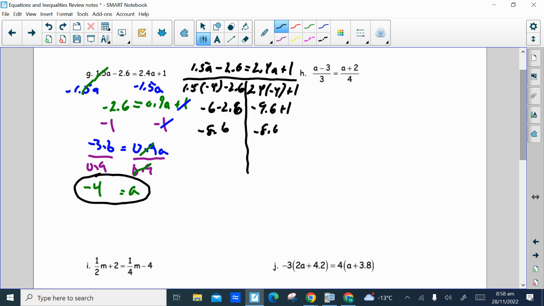On question H, probably what I would do here is, because I have one fraction on the left by itself and one fraction on the right by itself, I could just go to cross multiplying if I wanted to. And that can only work because it's a single fraction on the left and a single fraction on the right.